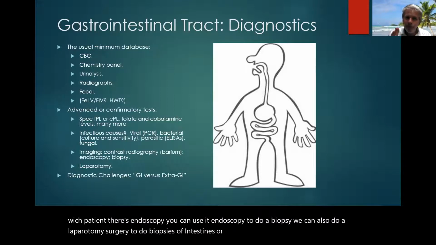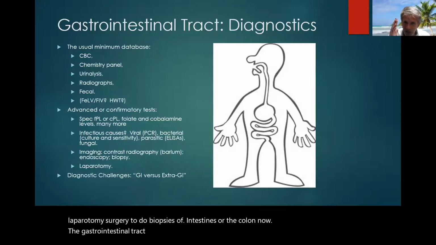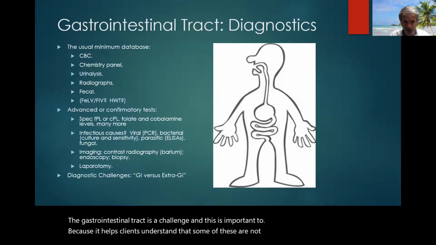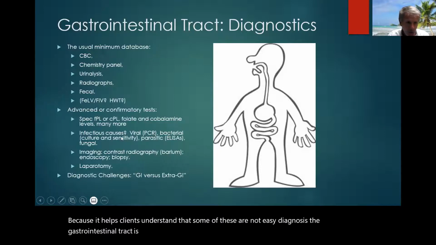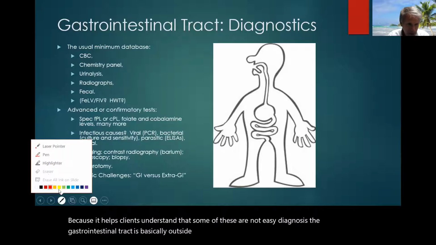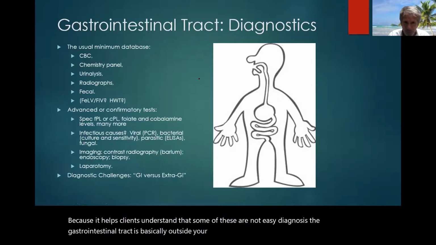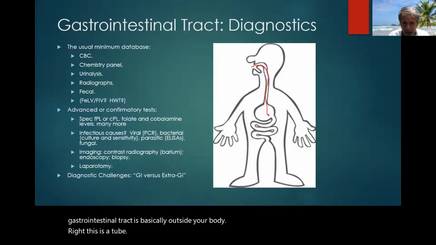Now, the gastrointestinal tract is a challenge, and this is important because it helps clients understand that some of these are not easy diagnoses. The gastrointestinal tract is basically outside your body, right? This is a tube that runs through the body.